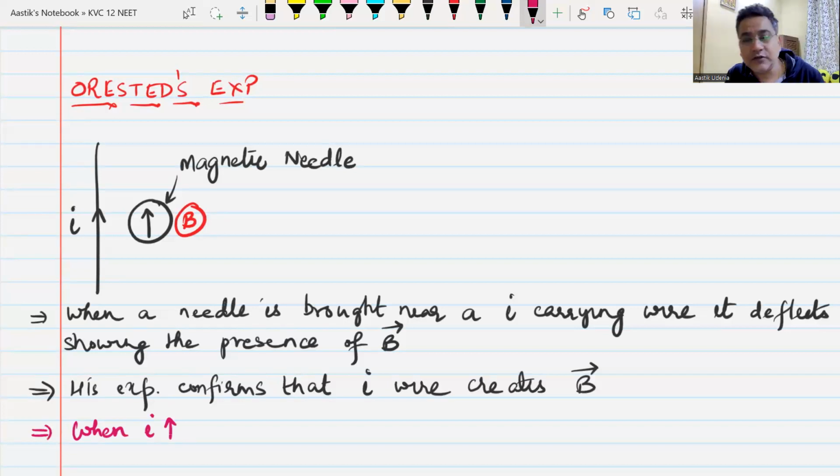You can do it in a lab also. You have a wire and you flow current and you bring a compass near to that wire. When he increased the current, what did he see? This is common sense. When you increase the current in the wire, what will happen to the magnetic field? Will it increase? Will it decrease? Or will it remain the same?